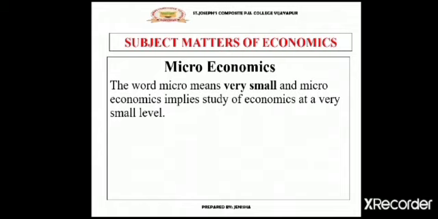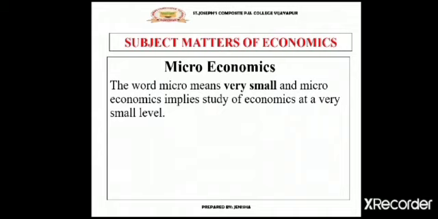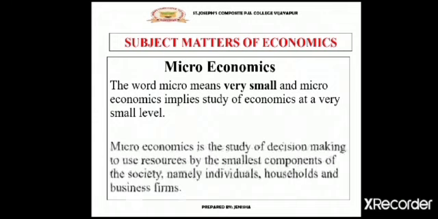The term microeconomics is derived from the Greek word mikros, which means small. Thus, microeconomics is a study of only a small part of the economy, not the whole economy. It is the study of an individual unit.